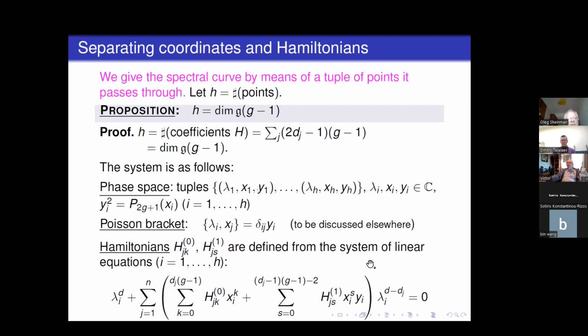We have also observed that at every triple lambda, x, y, only two parameters are independent because x and y are related.